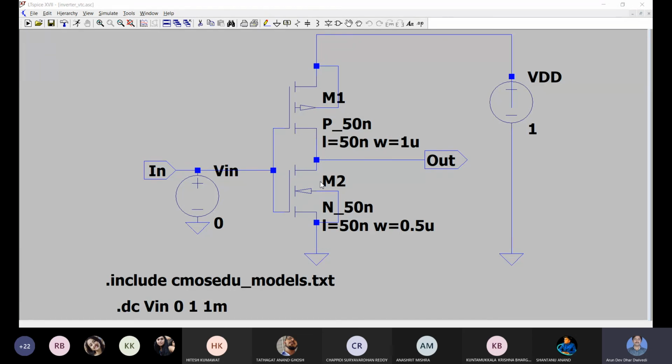For NAND and NOR gates mostly no DC characteristics will be studied; in that case, we will study only transient. I am going to explain in the next class how to design different logic circuits in static CMOS logic, and in other styles like pass transistor logic, transmission gate logic, and dynamic CMOS logic.